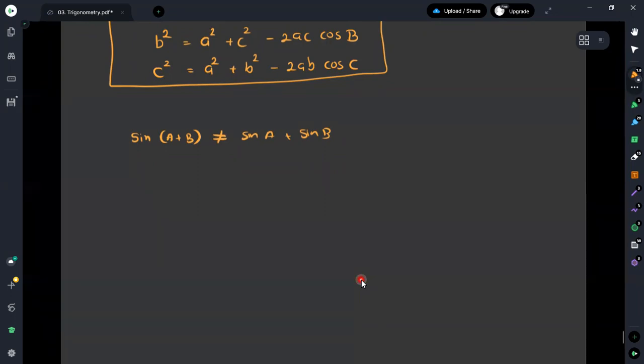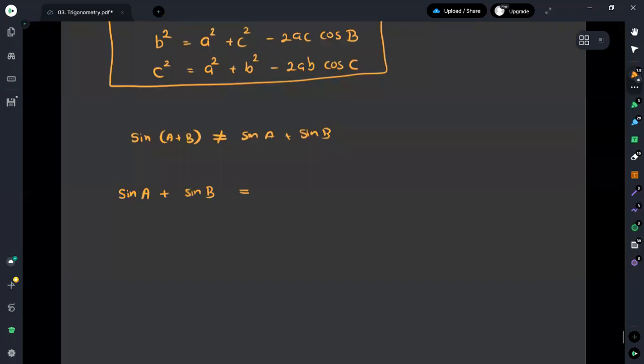In the sum to product identity, we are trying to add sine A with another sine value. This can also be written as a product identity.